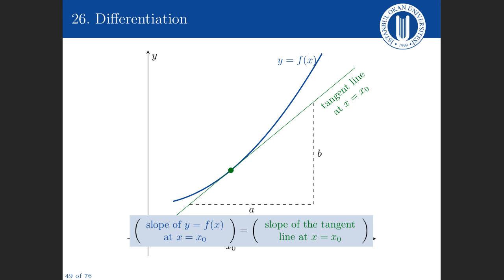And what we say is the slope of the blue curve when x is x0 is the same as the slope of the tangent line just here.